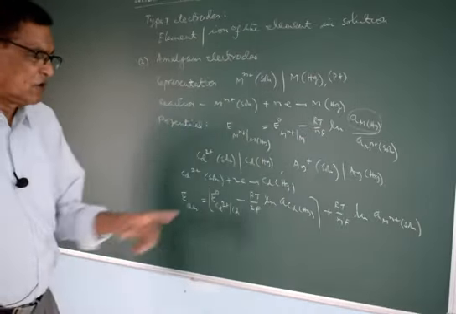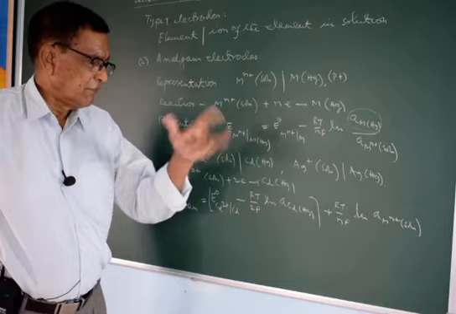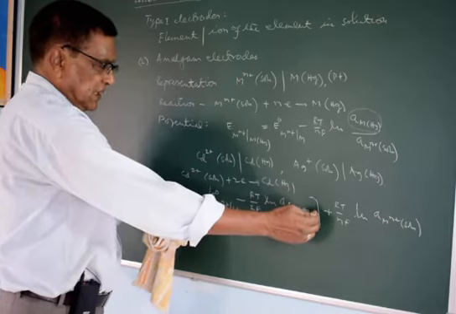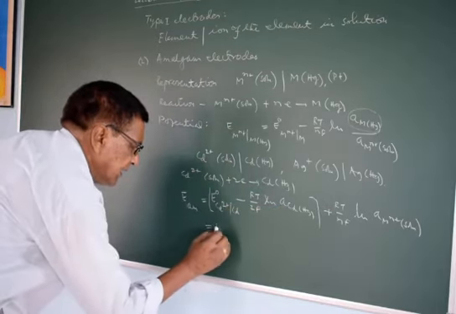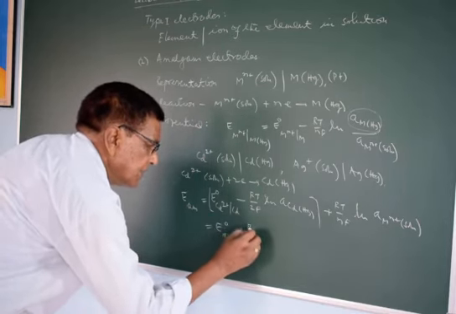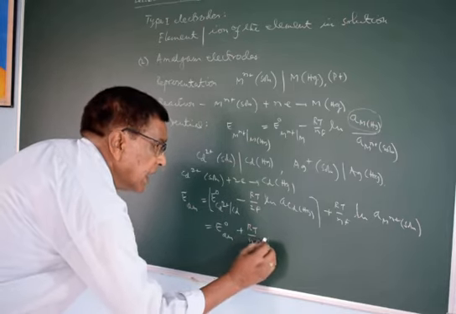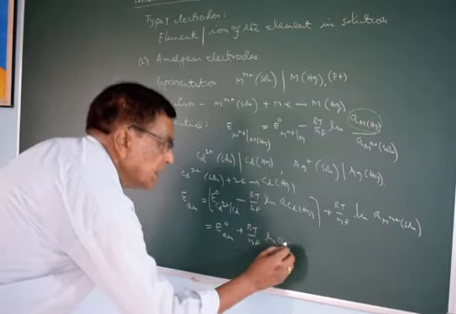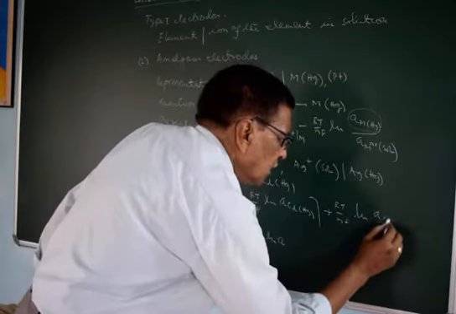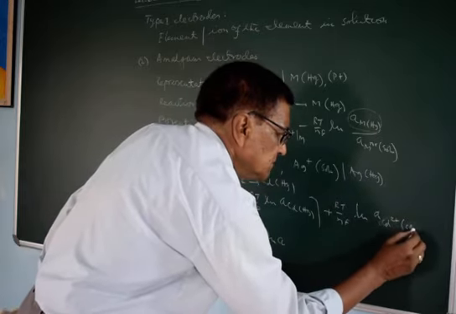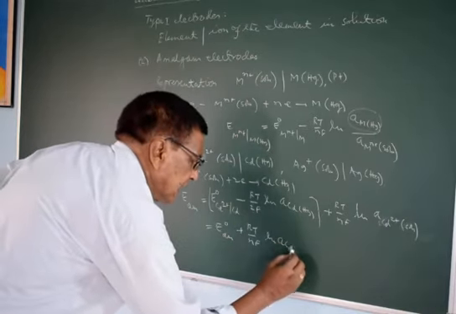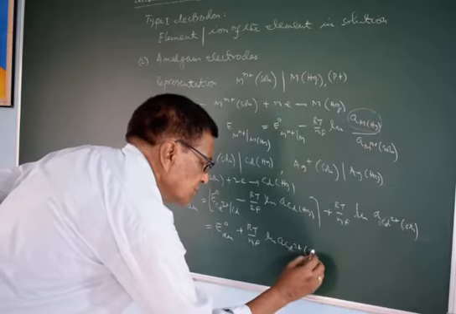If we keep the concentration of cadmium in amalgam fixed, then this term is also fixed at a given temperature. So all the terms within the bracket are fixed, and let it be E amalgam naught, plus RT divided by 2F ln of the activity of cadmium 2 plus in solution.